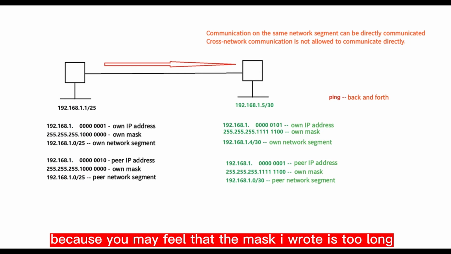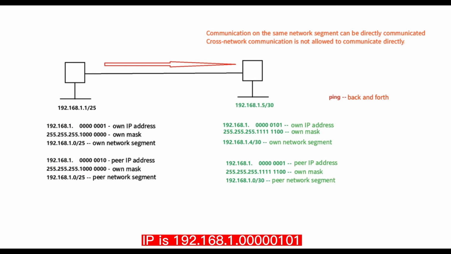You may feel that the mask I wrote is too long. The IP is 192.168.1.00000101. Now it's time to start calculating your network segment: 192.168.1.4, with a 30-bit mask.